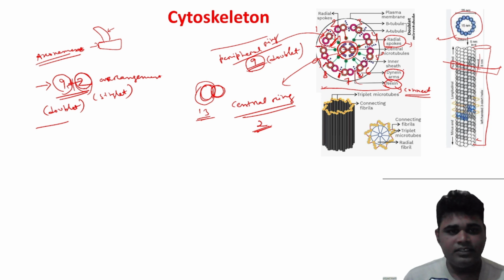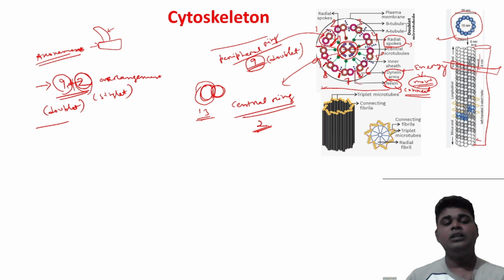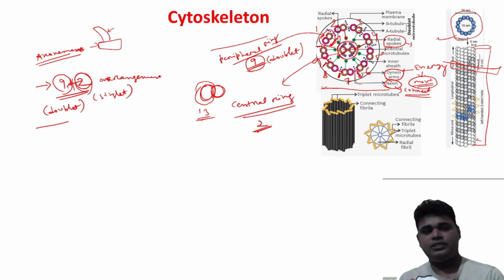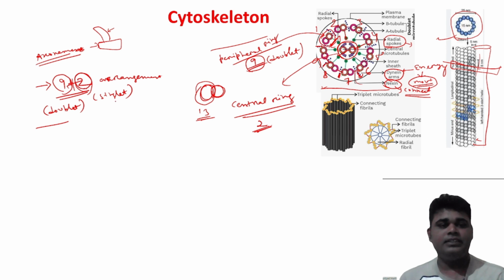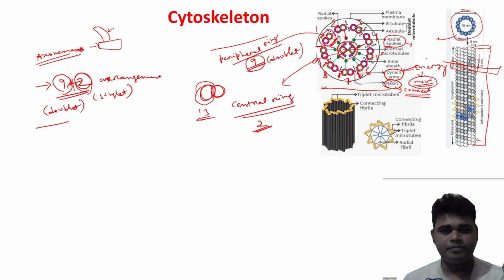This dynein arm releases the energy for the movement of the organism. For movement some energy is required, and this energy is released by the dynein structure. So this is all about the axoneme structure.